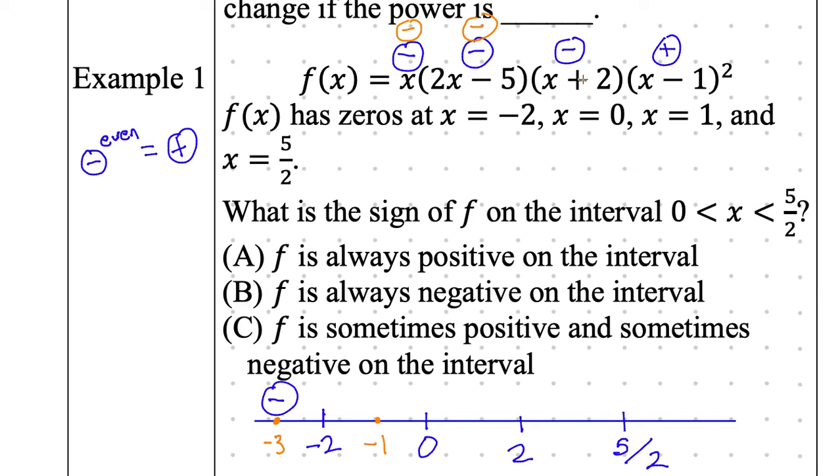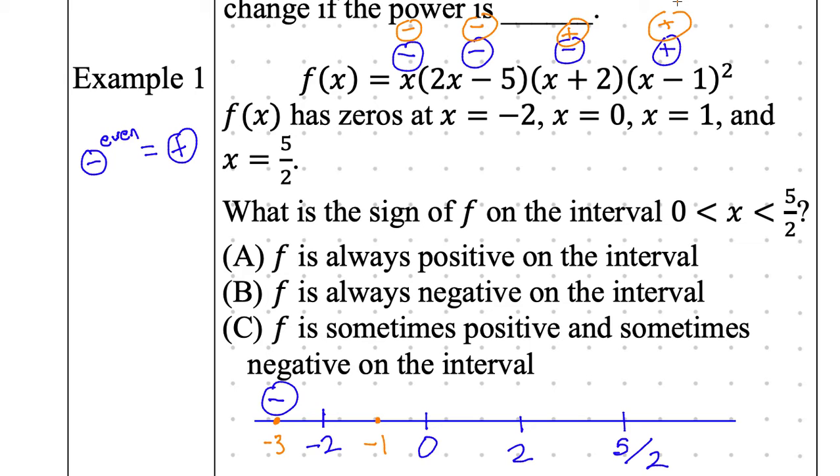It is a positive, because 2 minus 1 is a positive 1. And notice that this last term will always be positive.